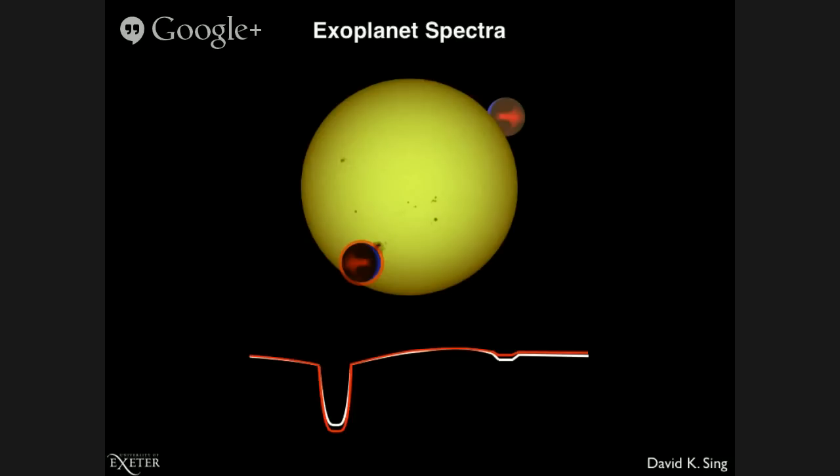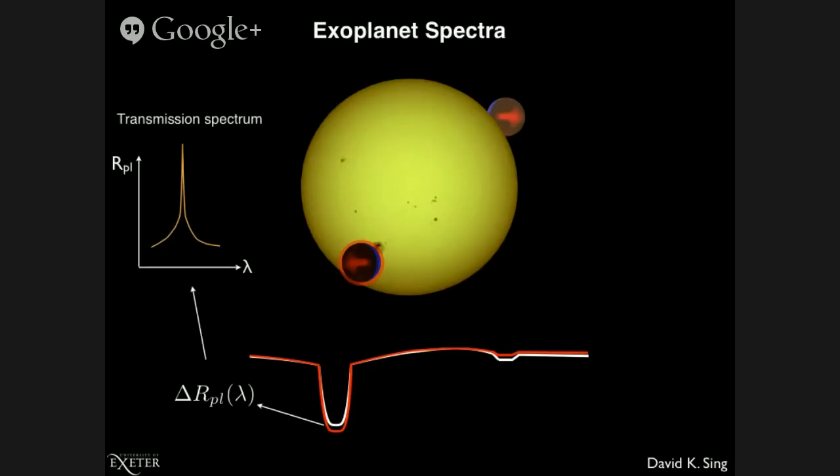At wavelengths where atoms and molecules absorb high in the atmosphere, you can measure the radius of the planet, and that will be larger at those wavelengths. So the trick is then to gather a whole bunch of transits at different wavelengths, measure the different radii, and build up what's called a transmission spectrum. You can also think of this as an absorption spectrum, and it's very sensitive to atmospheric composition.